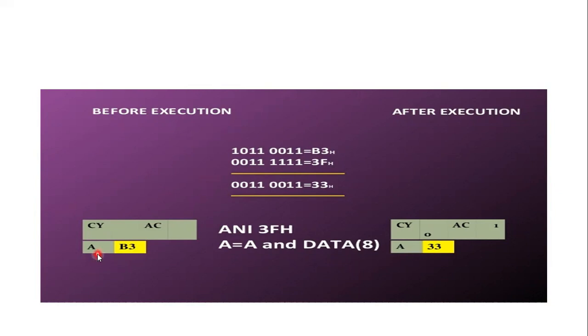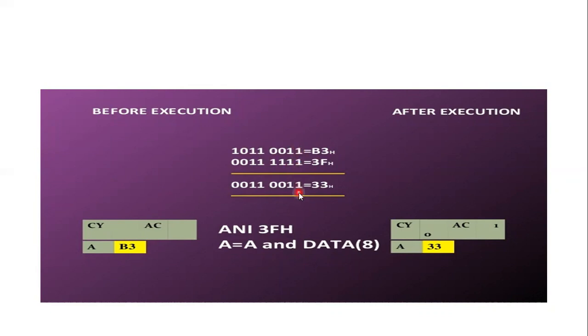Here the accumulator has the value B3. And 86 in decimal is 3F in hexadecimal. So this is B3 and 3F.